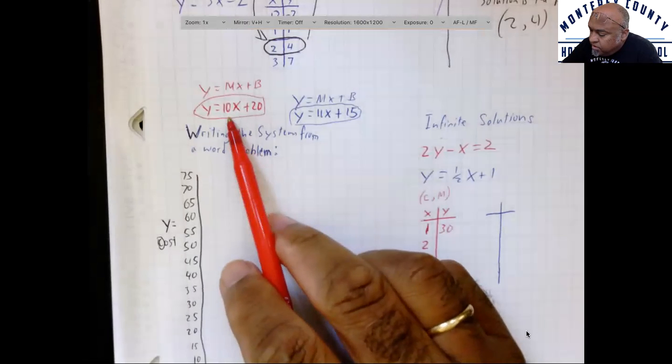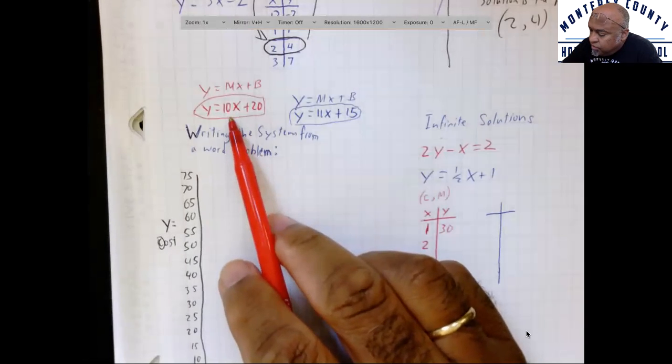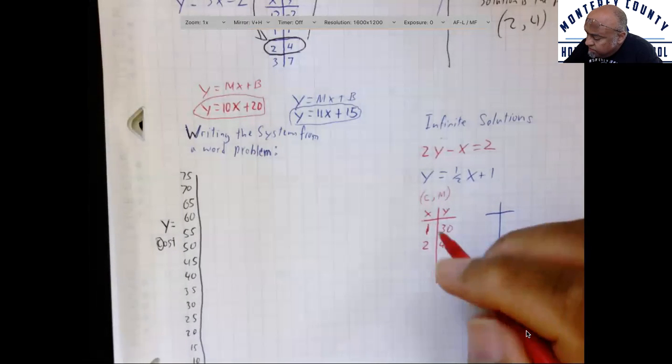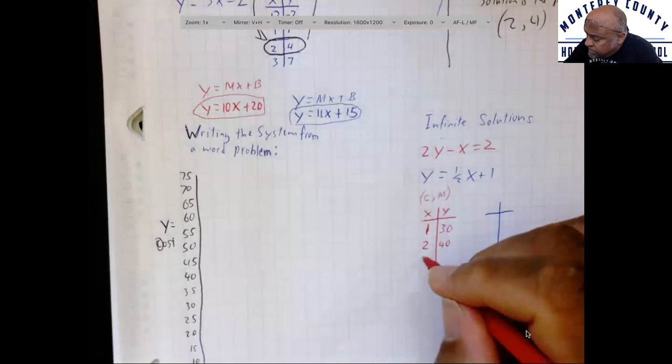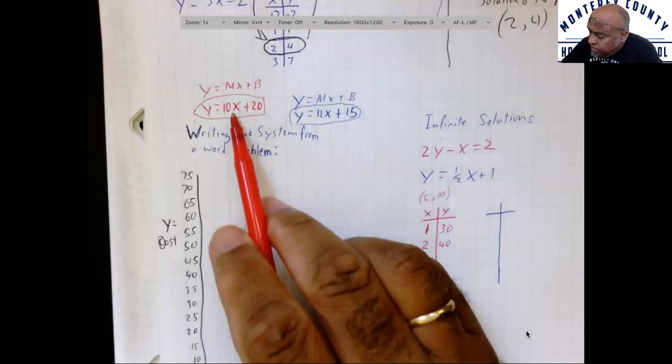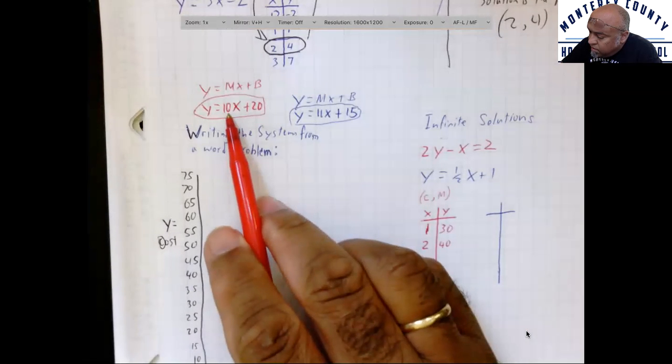All right, so let's say in 2 months, 2 times 10 is 20. 20 plus 20 is 40. Okay, I'm going to skip ahead to 4 months. 4 times 10 is 40.